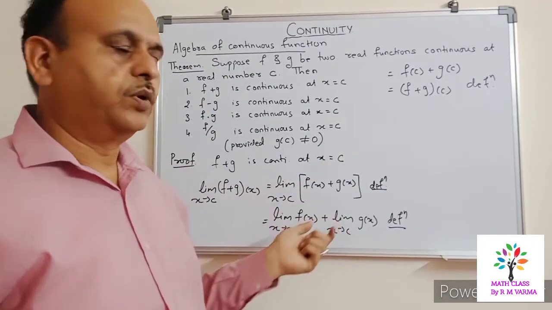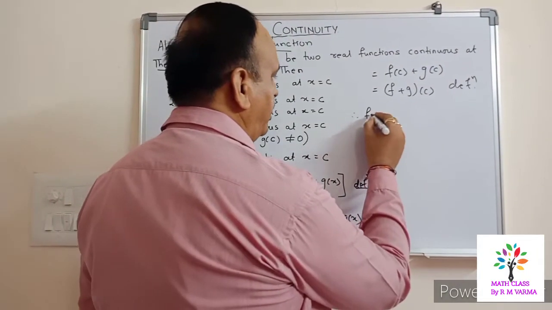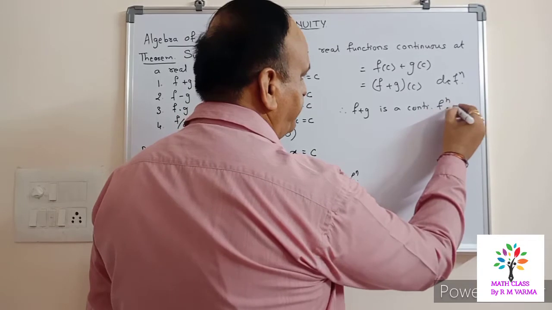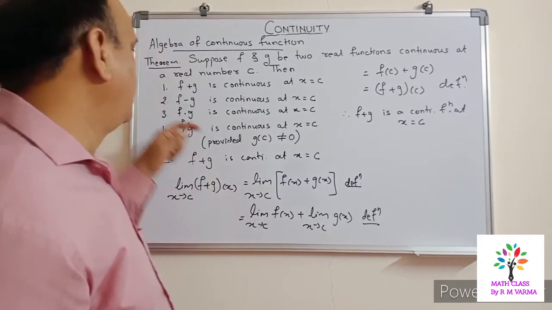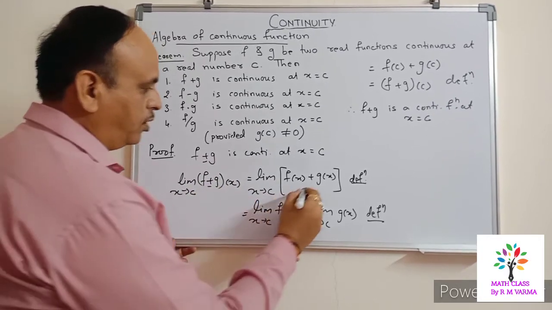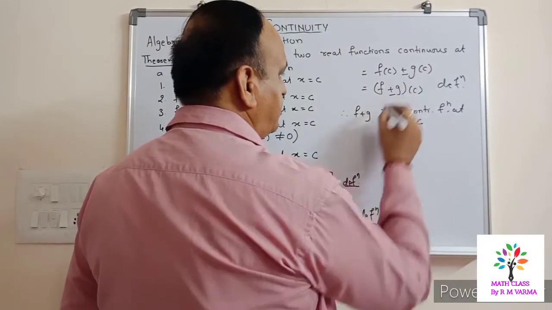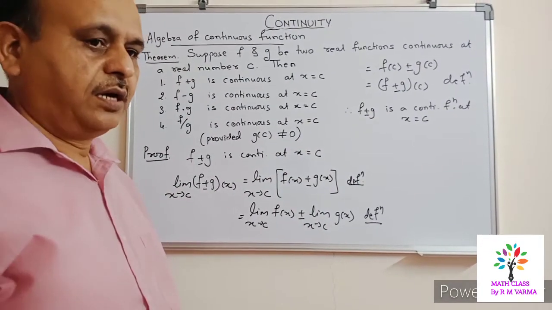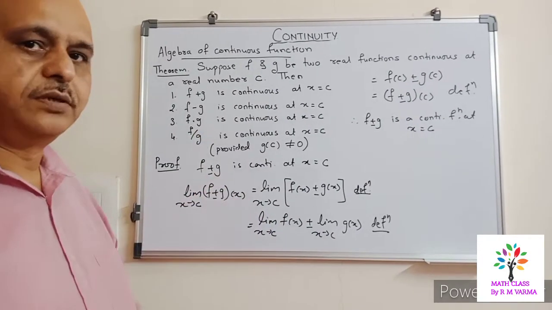When both are equal, the given function is continuous. Therefore, f plus g is a continuous function at x equals c. Similarly, when we take minus, all plus signs change to minus, so f minus g is also continuous at x equals c. Similarly, you can prove for multiplication and division.